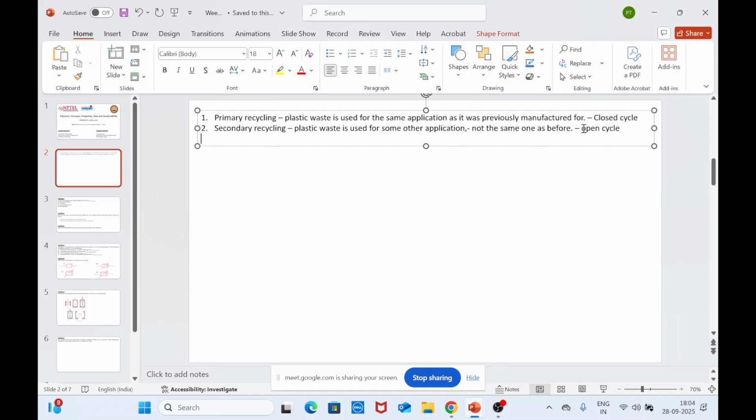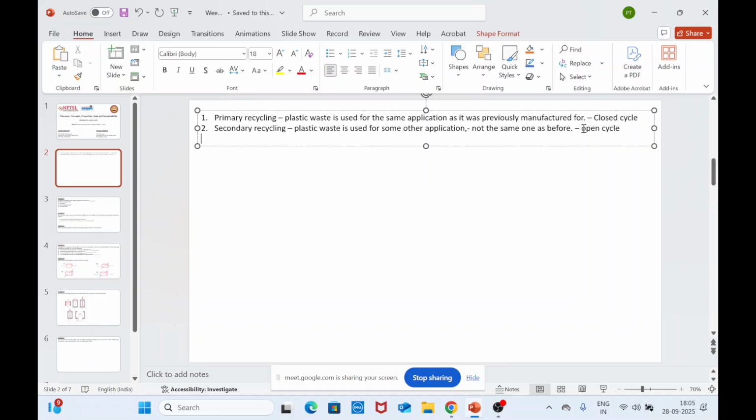But if I'm going to use it for some other purpose, will the waste that was generated be suitable for that application? Can it be used for some other application? If yes, then for what type of application?